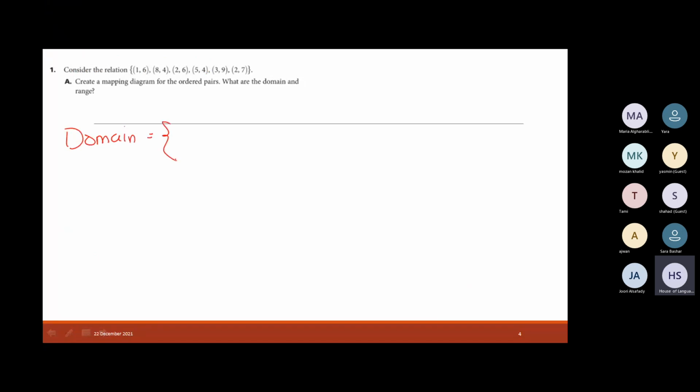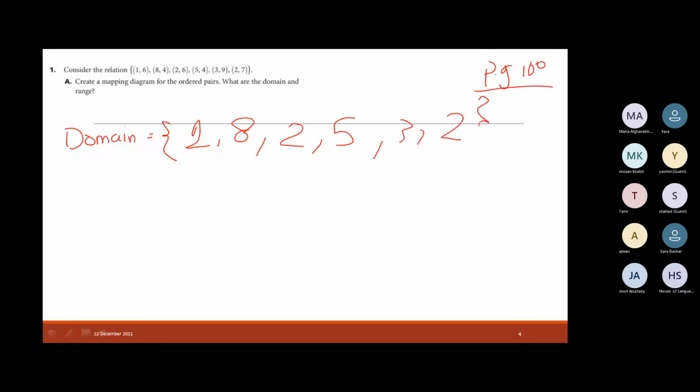Where are the domains? Write a set of domains. Which page? Yeah, 1, 8, 2, 5, 3. You don't have to repeat it.